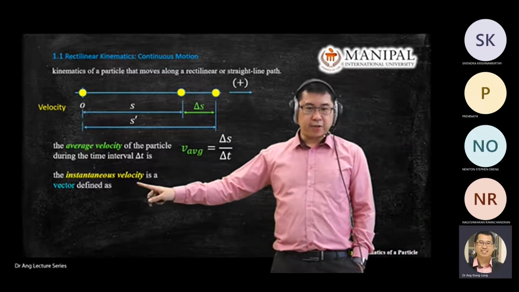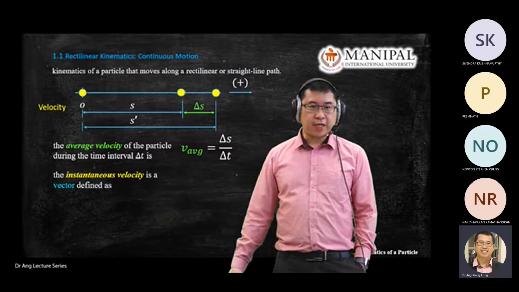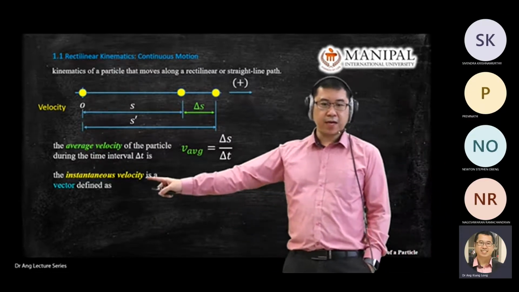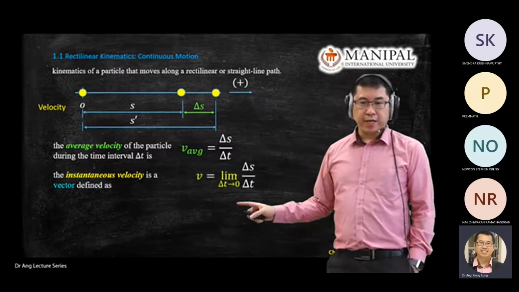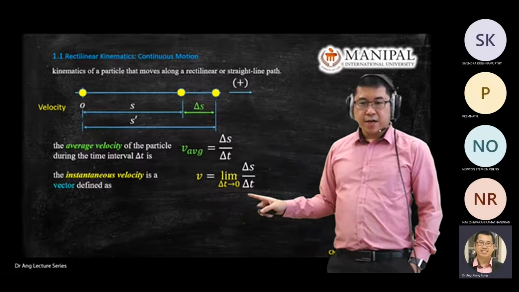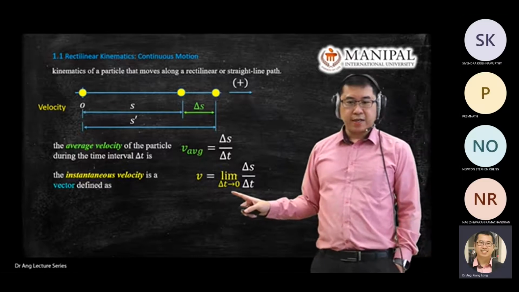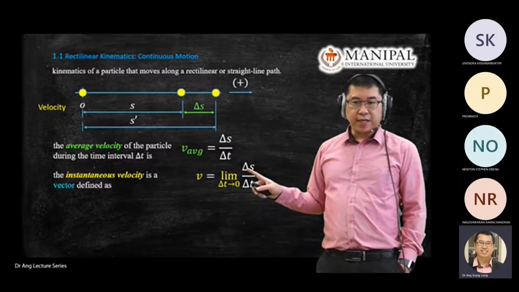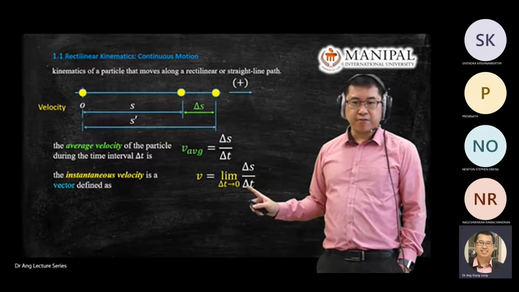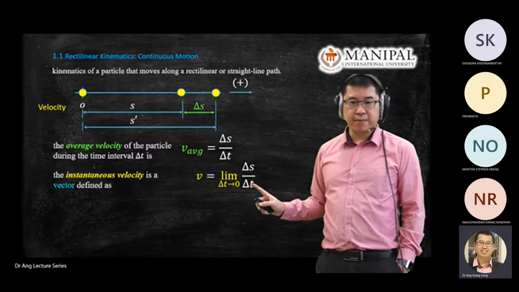So another term that you learn, we call instantaneous velocity. I highlight it with a yellow color. We write as V, and we put a limit there. If you see a delta S, it means very small changes of your displacement divided by very small changes of your time.